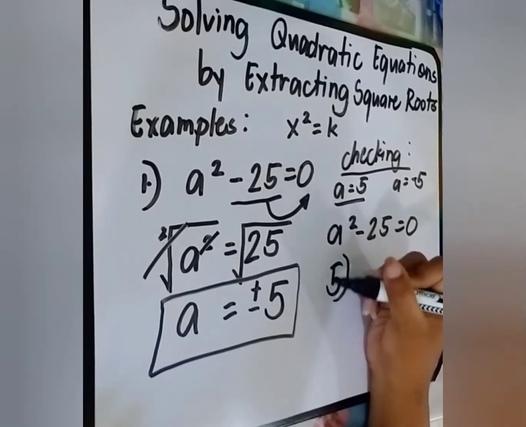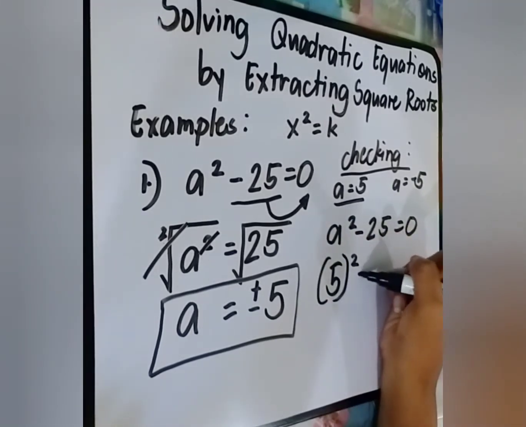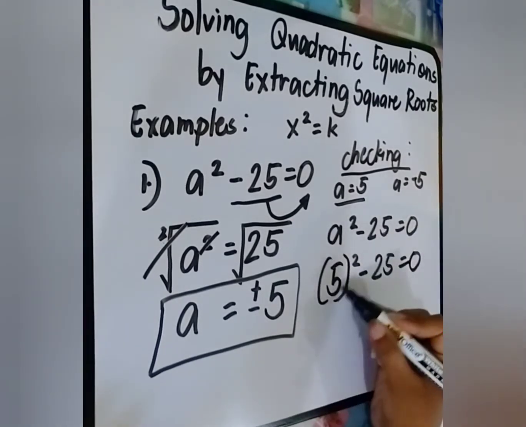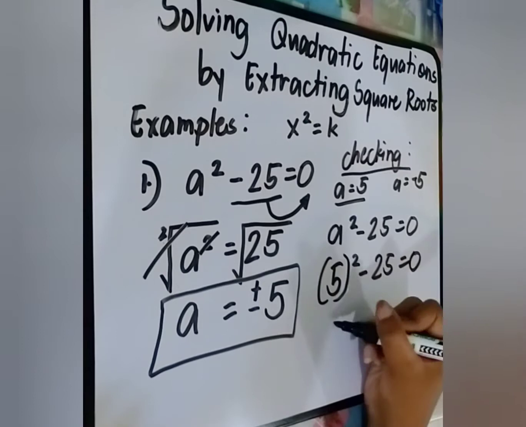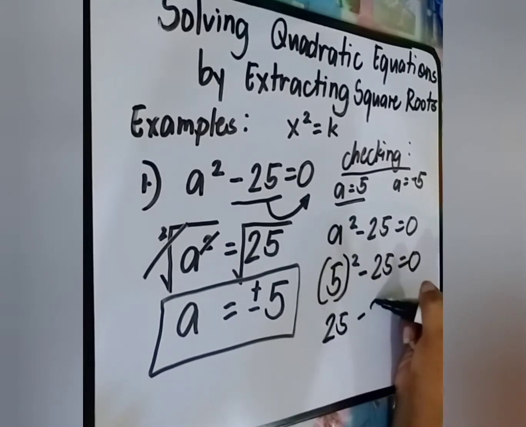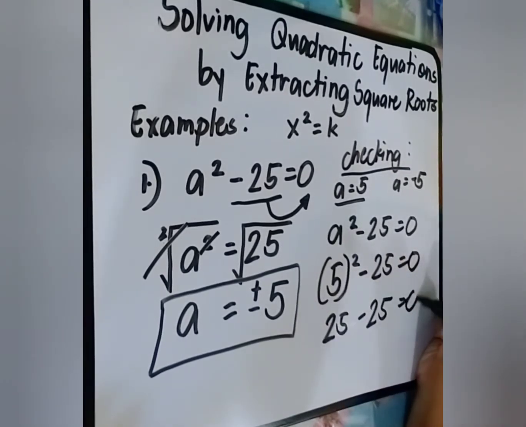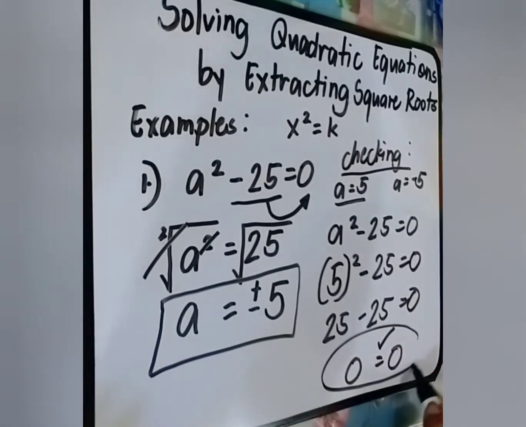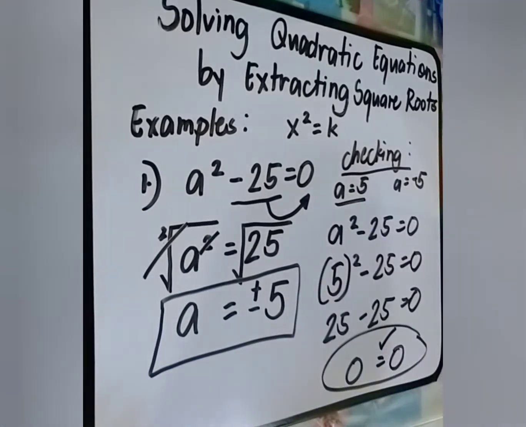Since ang value ng a is 5, we are going to substitute 5 and then copy minus 25 is equal to 0. 5 squared is 5 times 5, the answer is 25. Then copy minus 25 is equal to 0. So 25 minus 25 is 0. So 0 is equal to 0 and our answer is correct.